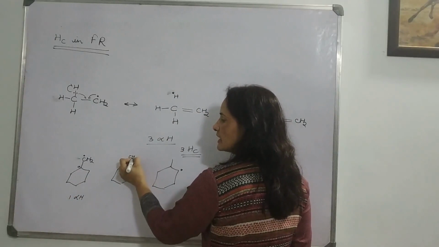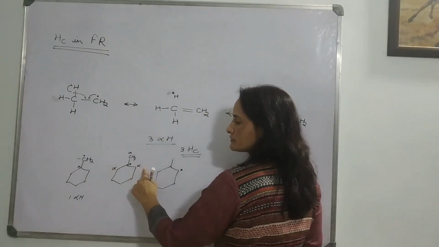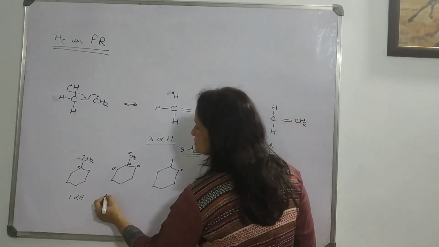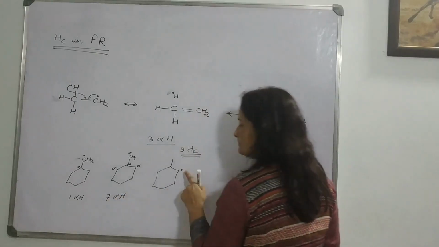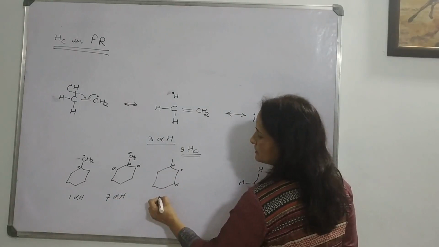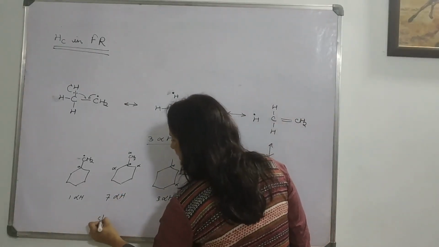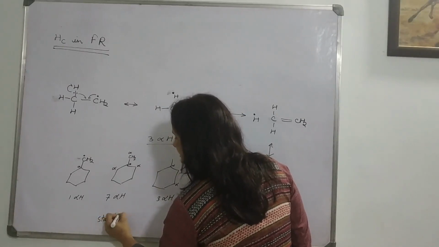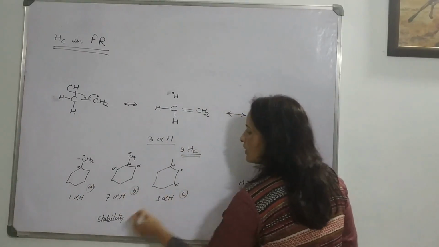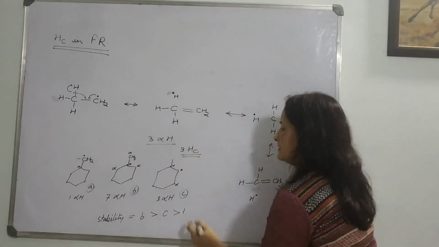Here, this is one alpha, another alpha, this is third alpha. So 2 hydrogen at these locations, this is 3. So 3 plus 2, 5 plus 2, 7 alpha hydrogen. This one is having, this is alpha, this side 2, this side 1. So there are 3 alpha hydrogen, rest is same. So the order of stability, if I take them as A, B and C, will be B is more stable than C than A.